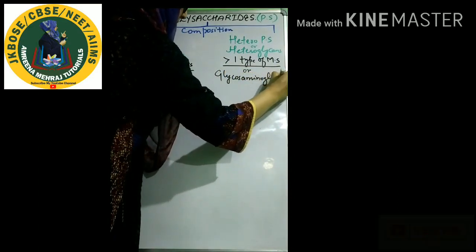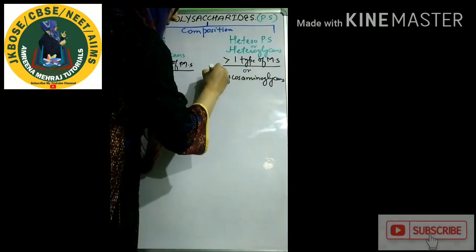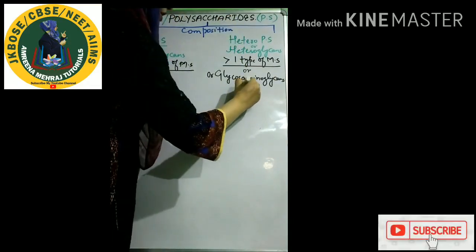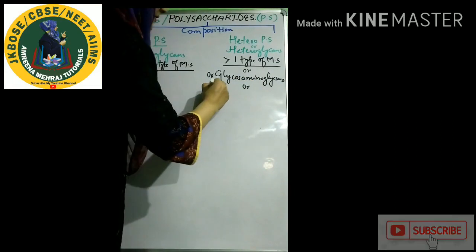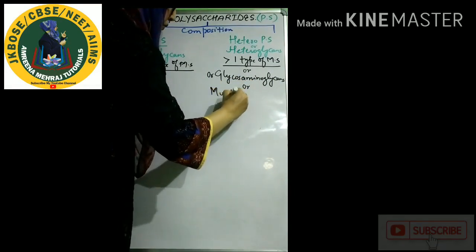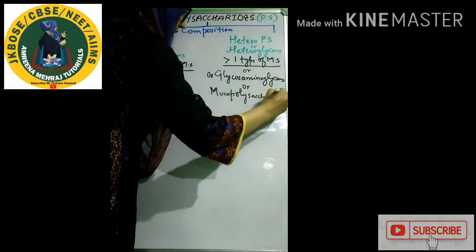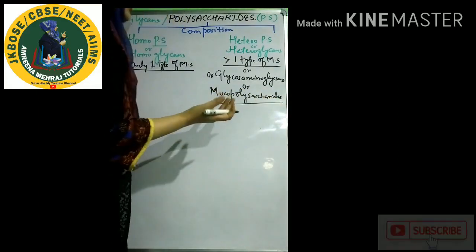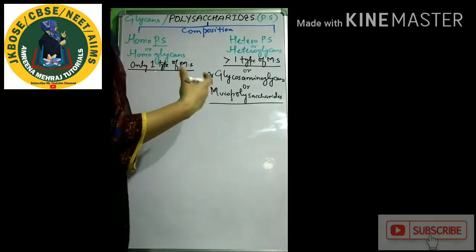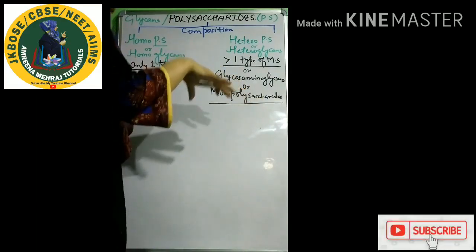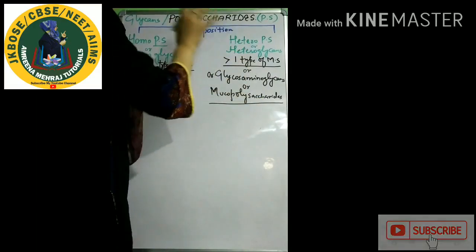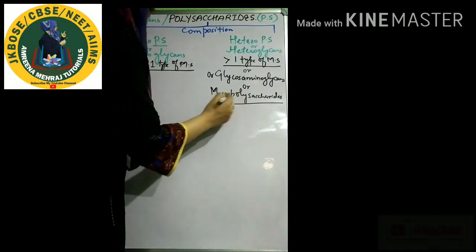Okay, so this is another term for these. Or somewhere you will find this term used for them, which is mucopolysaccharides. These are the gelatinous, slimy substances which, as far as the composition is concerned, are actually heteropolysaccharides. I'll give you details ahead.